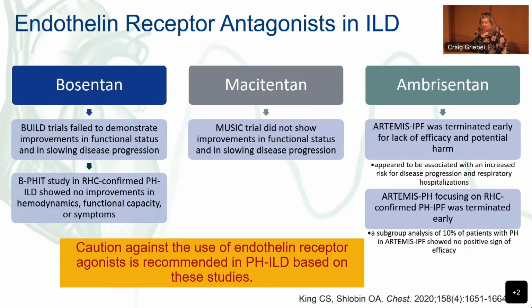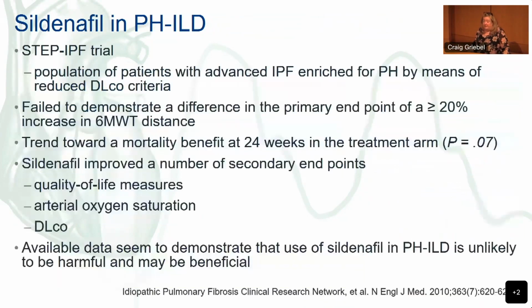The MUSIC trial, which was macitentan, didn't show improvements in functional status or slowing disease progression. ARTEMIS, which was ambrisentan in IPF, was terminated early. So there's actually a caution against the use of these antagonists for PH-ILD based on these studies. We just do not have good data for ERA.